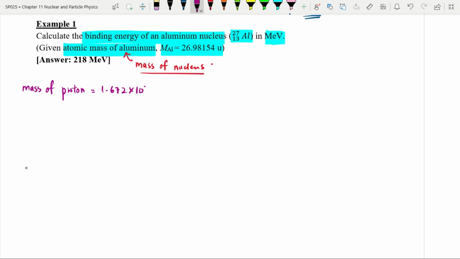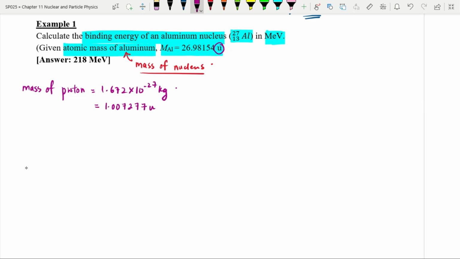Dia bagi juga dalam U. Since kita punya mass of nucleus dalam U, saya rasa better untuk kita gunakan unit U untuk proton dan juga neutron. Mass of proton dalam U is 1.007277 U.